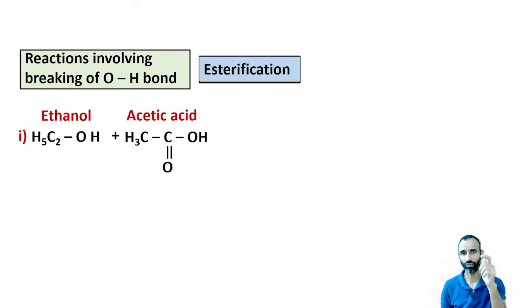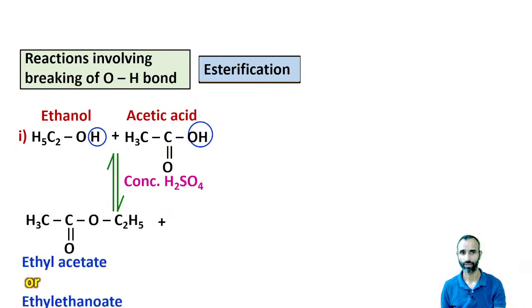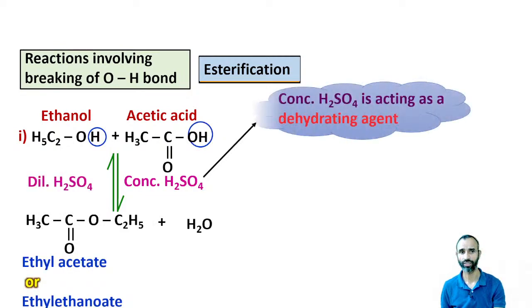Now esterification. Alcohol and acid in the presence of concentrated H2SO4, that is important. H is removed from alcohol and OH is removed from acid, and we get ethyl acetate, or ethyl ethanoate, you can say. Concentrated H2SO4 is acting as a dehydrating agent, but if we use dilute H2SO4, the reaction is reversed.